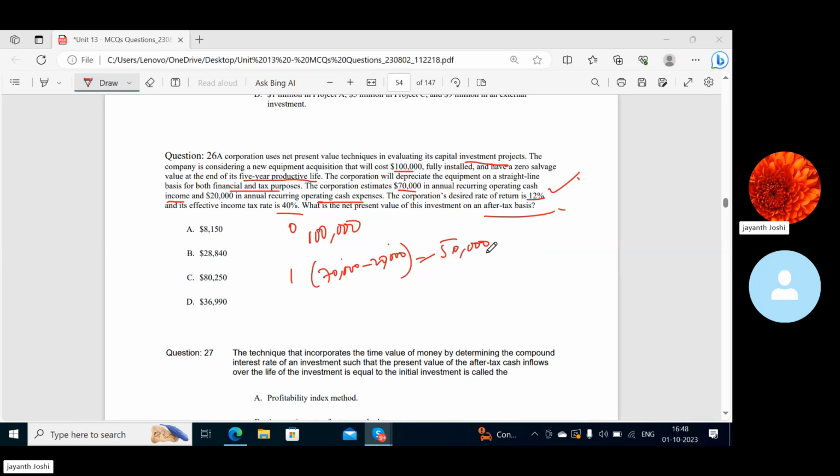So 50,000 is the inflow every year, right? Here they have given cash income, they have given cash expenses, and they have given the depreciation. So $100,000 divided by 5 will give us 20,000. This is the depreciation, right?